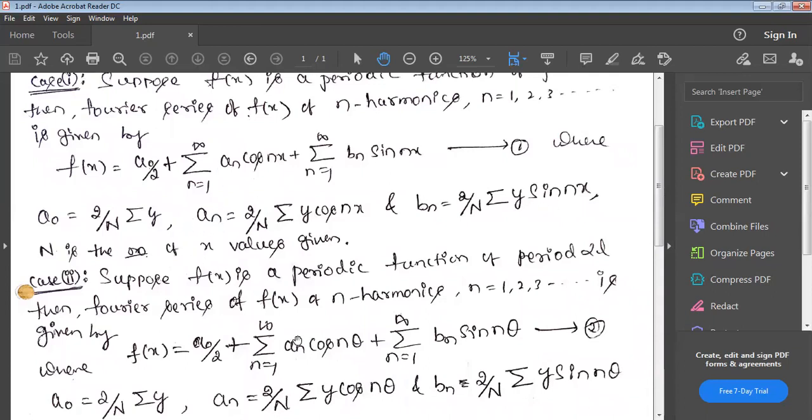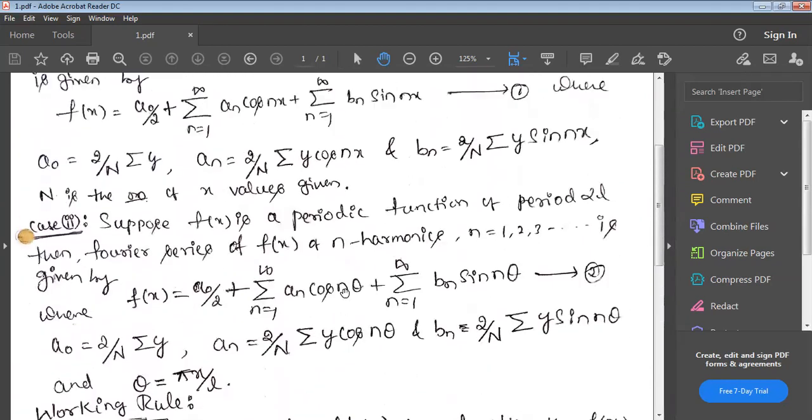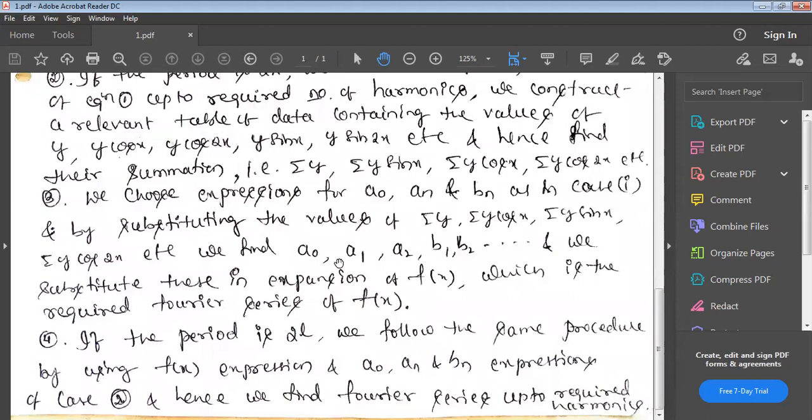Substitute the summation values we got in step 2 in that Fourier coefficient formula, and we get a0, an, and bn, that means a1, a2, a3, etc. Once you get these Fourier coefficients, substitute them in your Fourier series expansion, that is equation 1, and you get the required Fourier series up to the given number of harmonics. So this is the procedure of solving a Fourier series problem using the harmonic analysis concept.